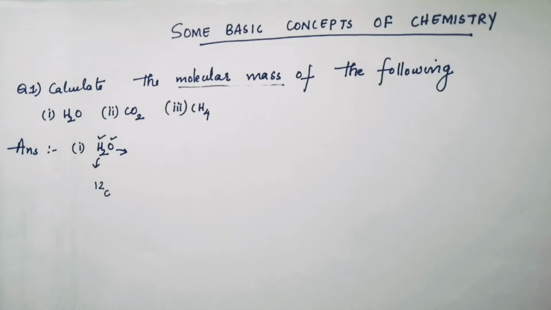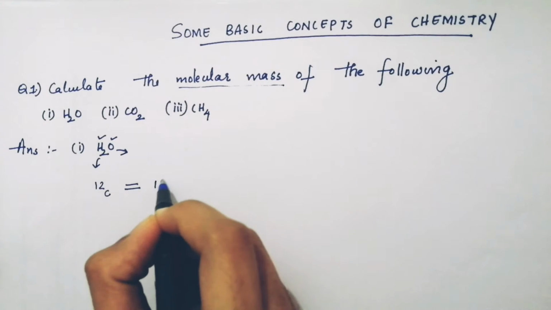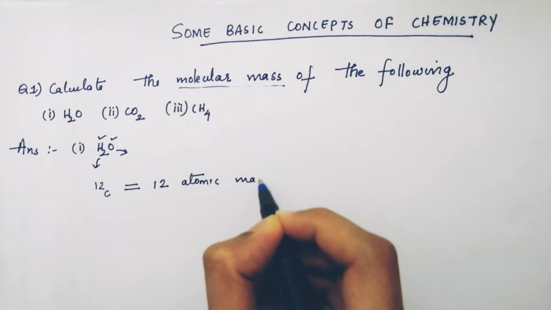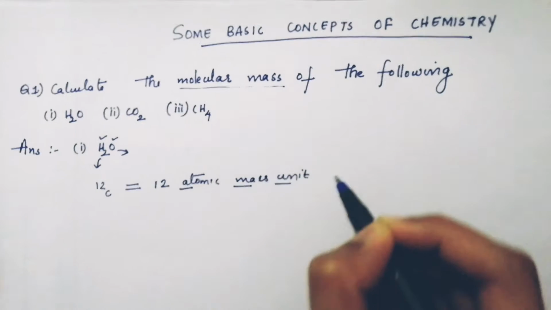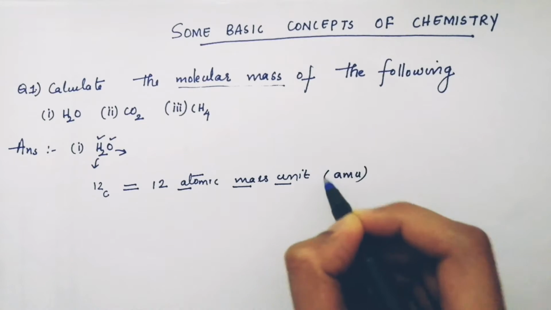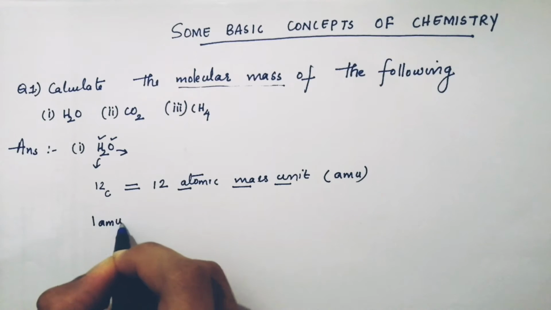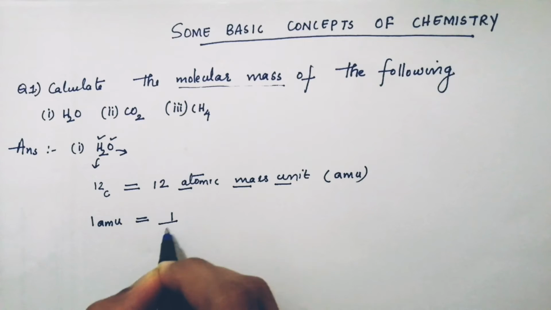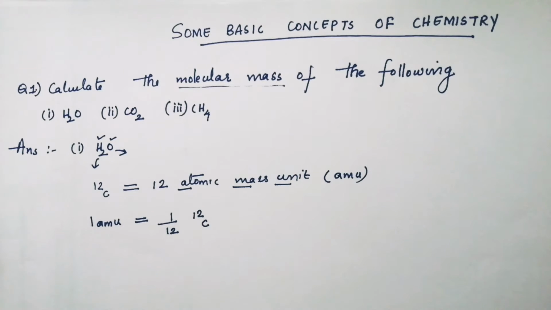And this 12C is assigned a mass which is exactly equal to 12 atomic mass unit, or AMU. So from this we can define 1 AMU as a mass which is exactly equal to 1 by 12 the mass of one carbon-12 atom.